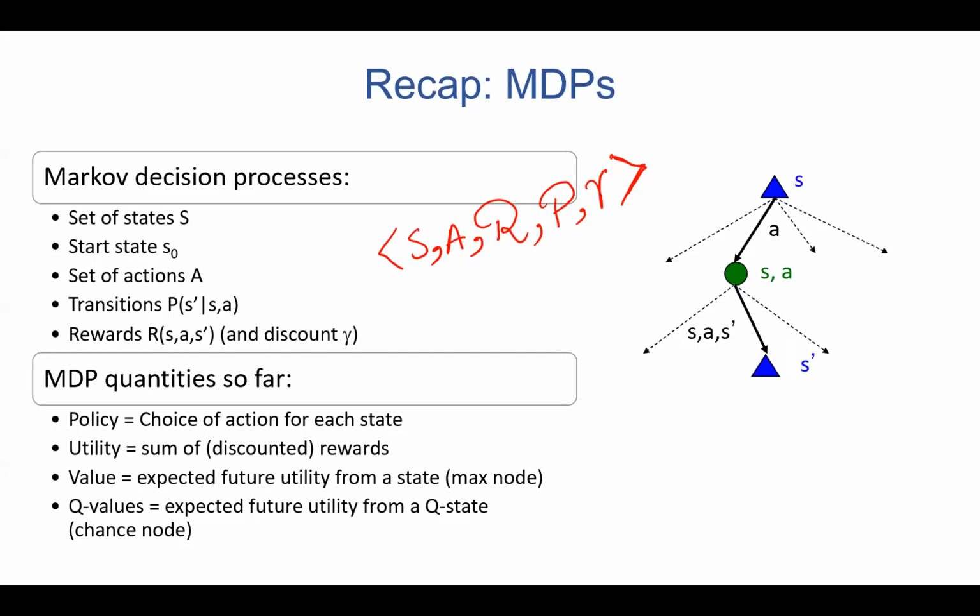Gamma equals 1 means you look all the way to the end of the game. Gamma equals 0 means only looking at the next step, just one step ahead.